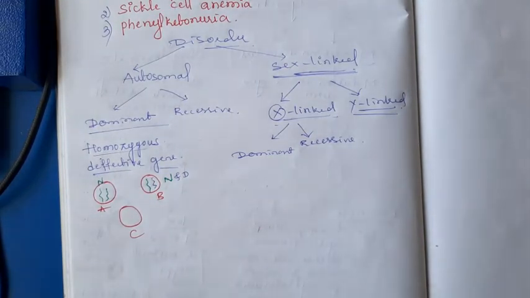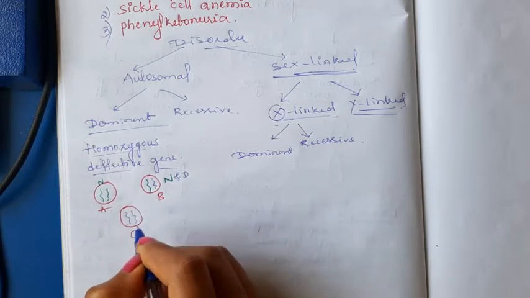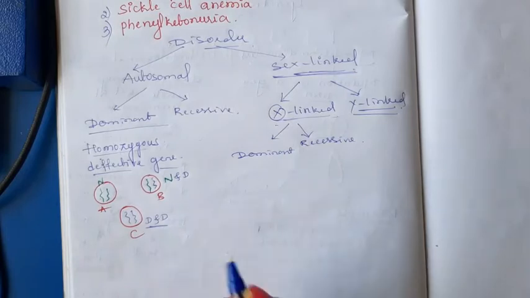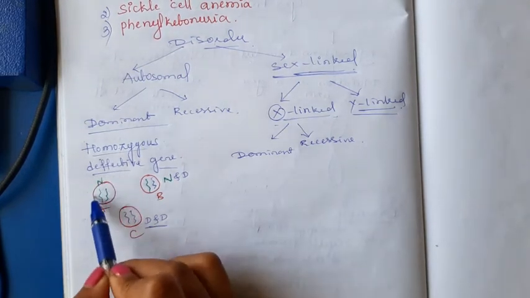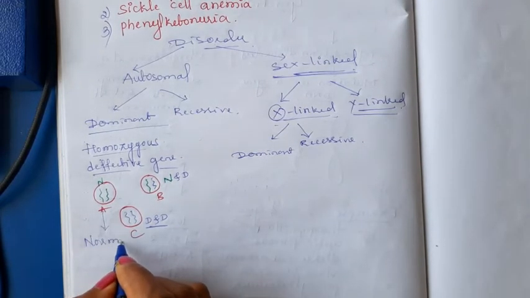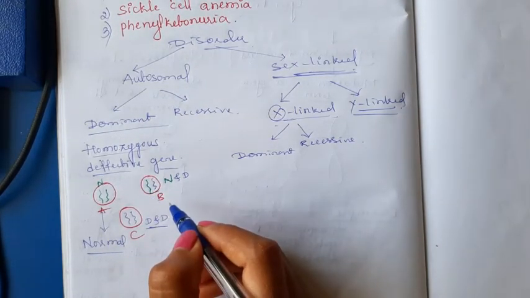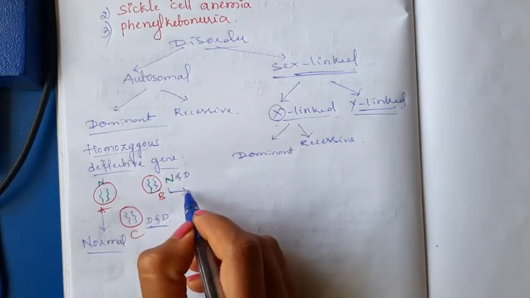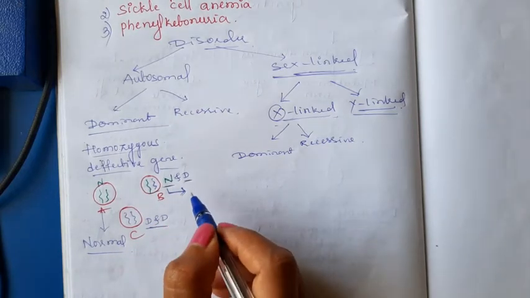Then another individual has fully diseased genes, a homozygous diseased condition. When the fully normal condition is present, it is fully normal. There is no chance of getting the disease. Okay. When the heterozygous condition is there, one gene is completely normal, another gene is diseased.